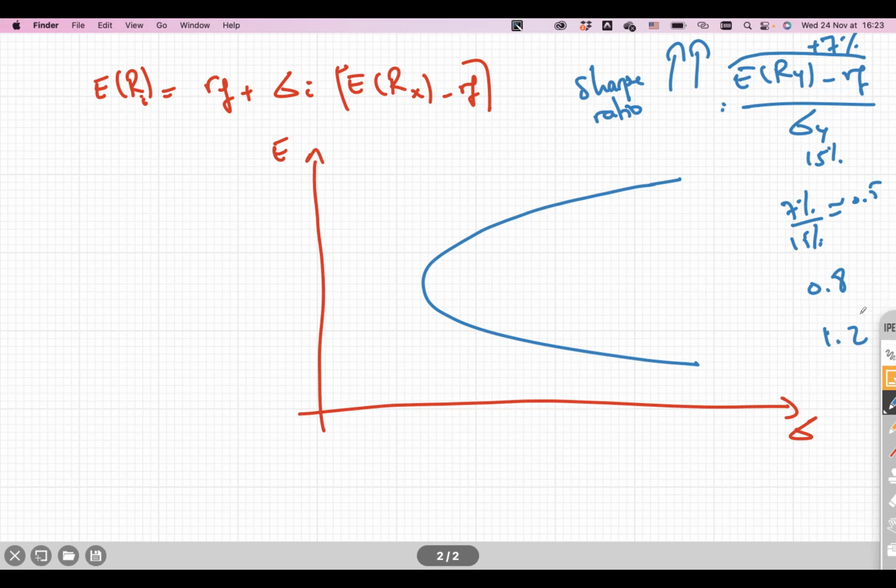Now, every portfolio on the envelope here has a Sharpe ratio. But we look for the highest Sharpe ratio, the best one. The best one is the tangency point, supposing this is RF, 3% for example.